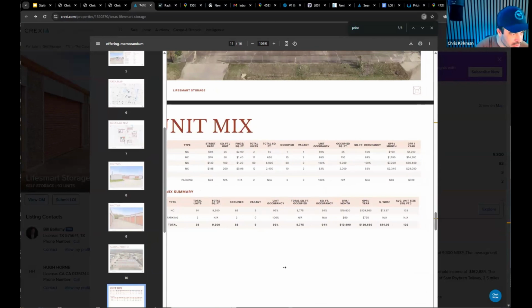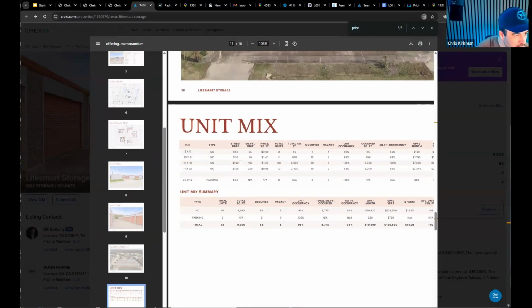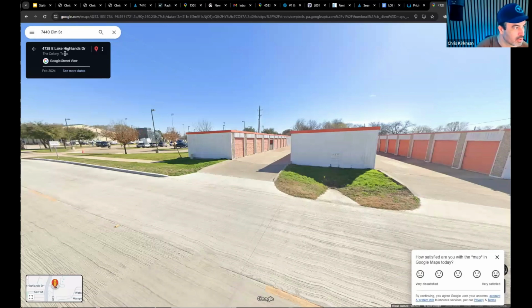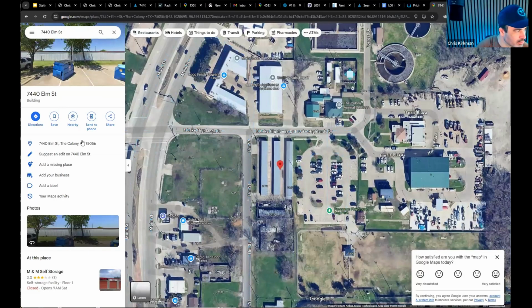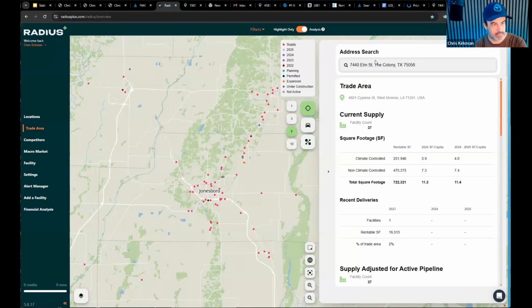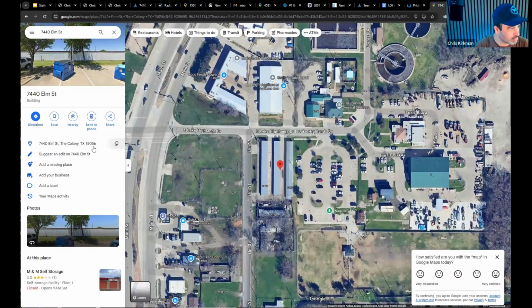Here we go. What's a 10 by 10 go for? 10 by 10 street rates. Okay, 120. So we're about 120. Let's grab that real quick. Go to Radius Plus, put that in there. Let's go back to here. Let's go to Google, put that in.